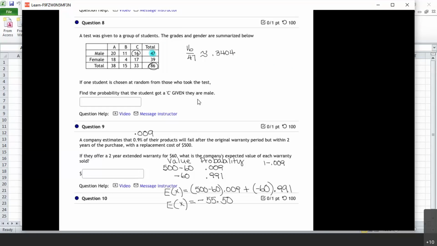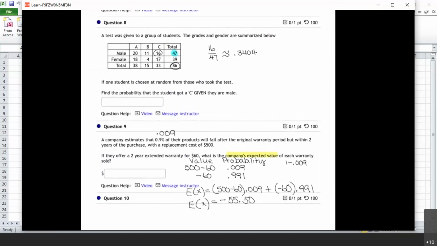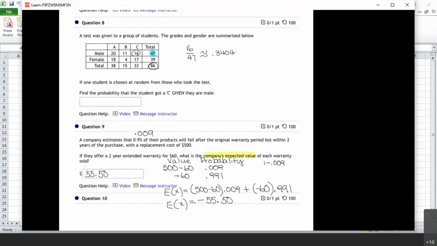They are asking me for the company's expected value. Remember I told you there's two sides to every transaction. The company hopes to make $55.50 on each one of these warranties.